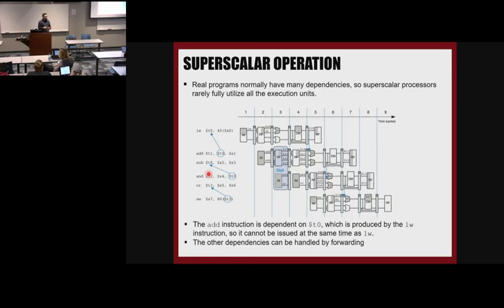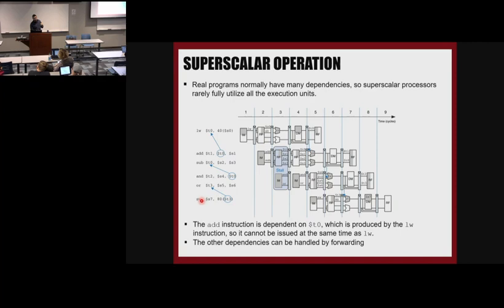So AND and OR instructions, which don't have any dependencies, can run in the next clock cycle, and then we finish the computation running store word in the clock cycle after that. So how many clock cycles do we need? We need one clock cycle for load word. Then we have to stall the pipeline, that means another clock cycle. Then we run add and subtraction in the third clock cycle. We run AND and OR in the fourth clock cycle. And we run store word in the fifth clock cycle.